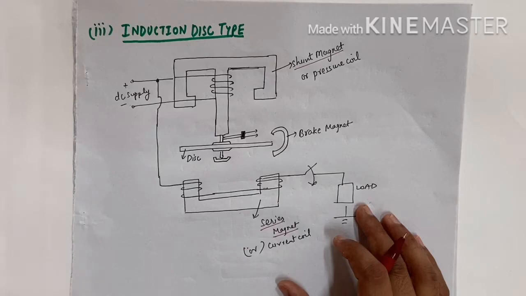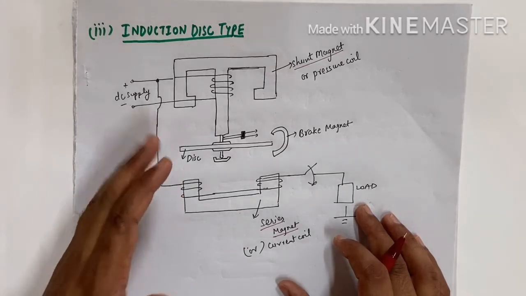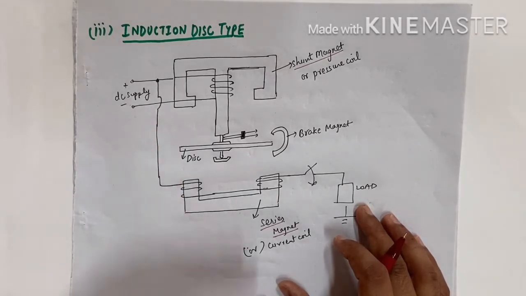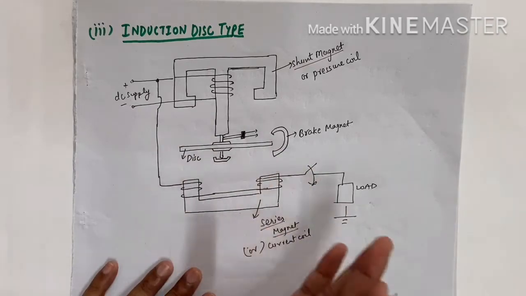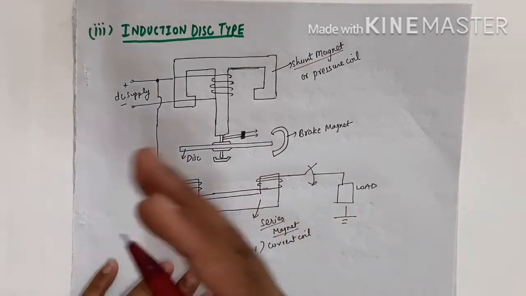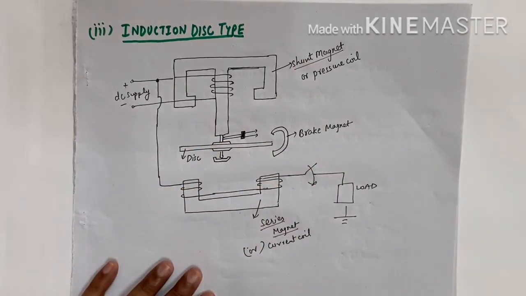When the flux produced by the shunt magnet and series magnet exceeds the pre-specified value, then the disc will revolve and it will close or trip the circuit. So in this way the induction disc type relay works.